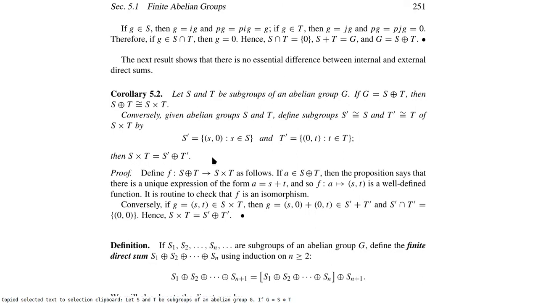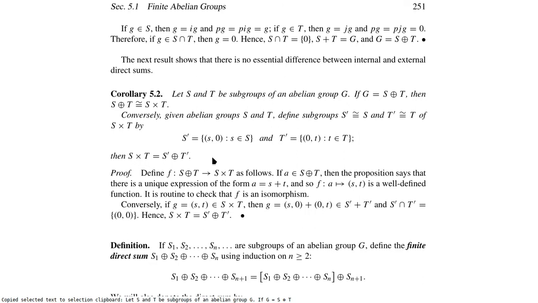And this is a well-defined function. This happens to be an isomorphism, which is not that difficult to see. You can directly see that this is bijective, right? You have a one-to-one correspondence for every element in the direct sum to the ordered pairs, like a unique expression of it, right?